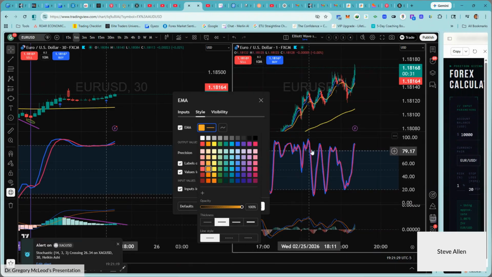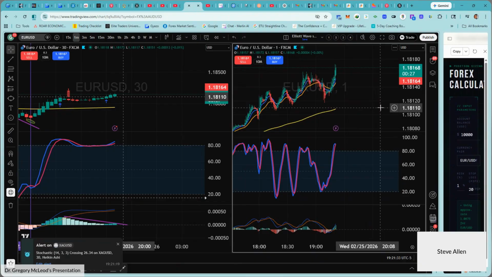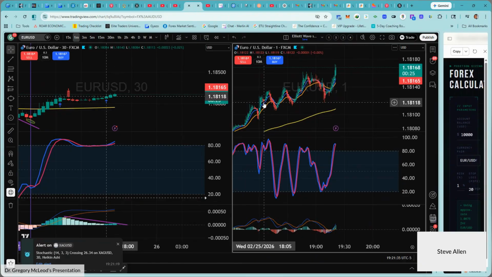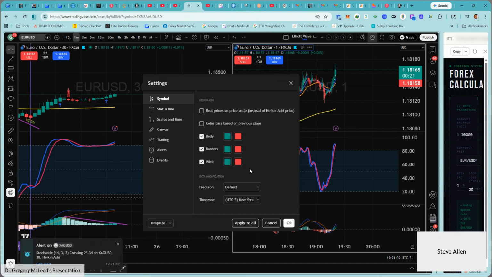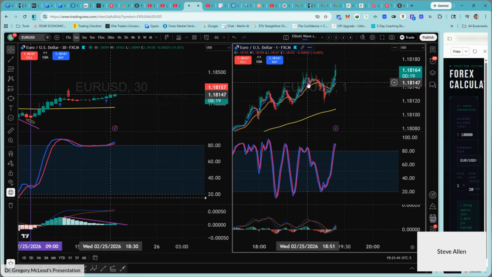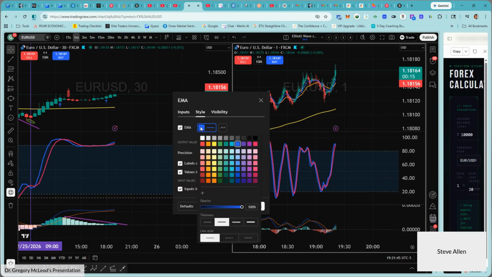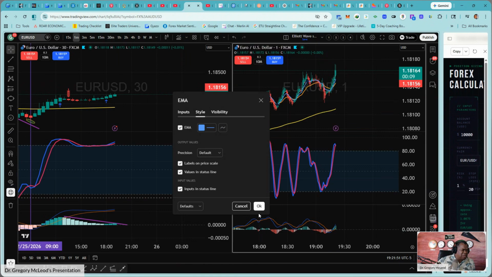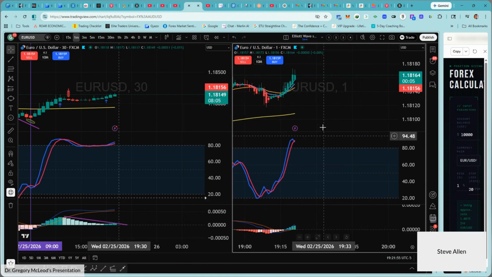Sometimes you might be a little late, but if you wait for that separation to show, you know it's going to go up or down, whichever way the market's going. I think I've heard you say that too. When you see that angle of separation in the MACD, I think that works with the EMAs too.